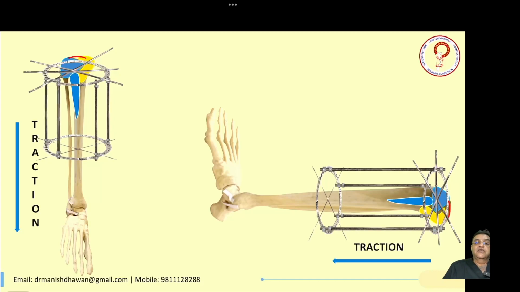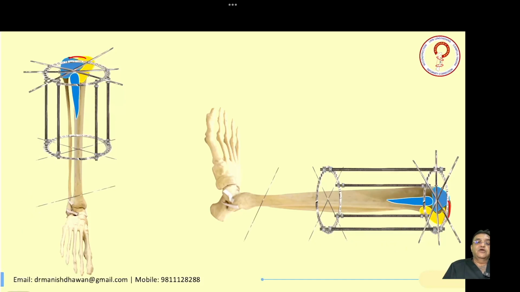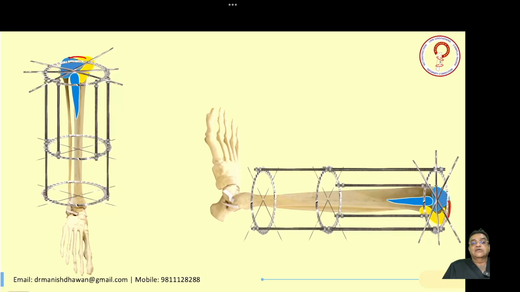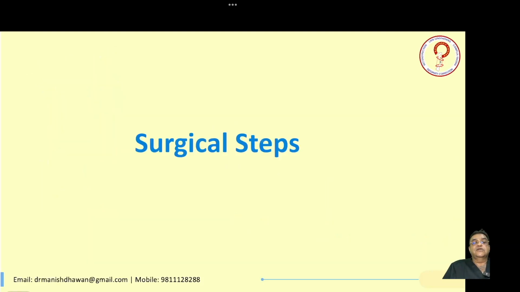So this frame, half of the frame, the proximal frame is done. Now you have to extend the frame down. So you have to put 2 to 3 wires down, and these are basically the trocar wires in the cancellous area. You apply the ring and then you connect it with the threaded rods. So now I will show you exactly how you do it in the surgery.